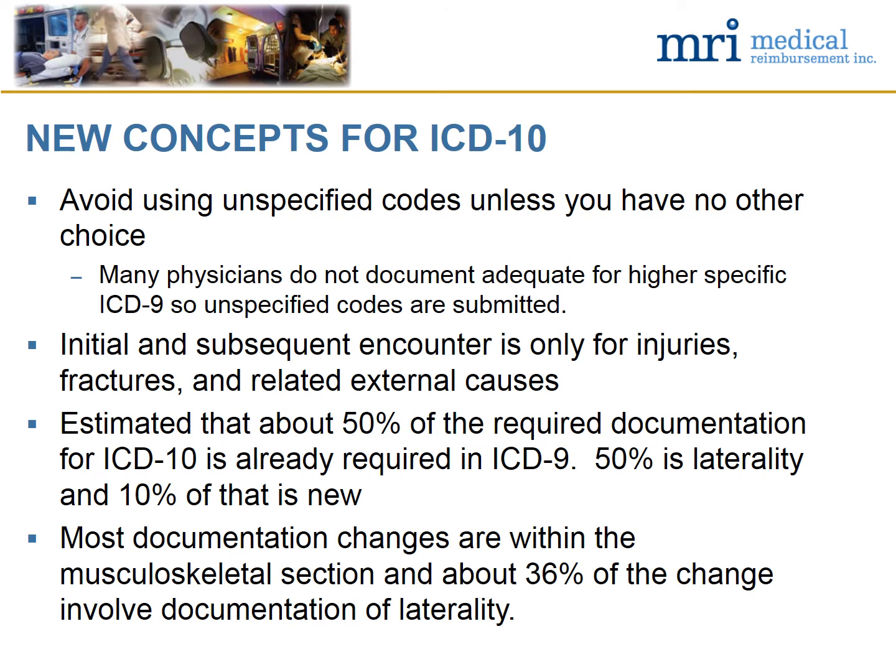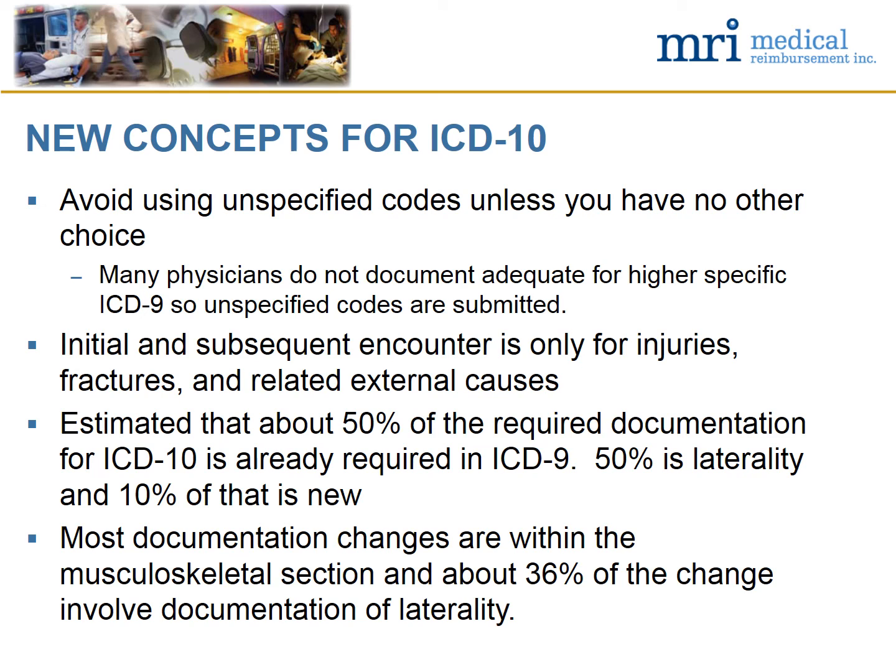So those are the type of unspecified codes that we should avoid using because we should be able to document if it's the left or the right. Initial and subsequent encounters are new for ICD-10, and these are only for injuries, fractures, and related external cause codes.